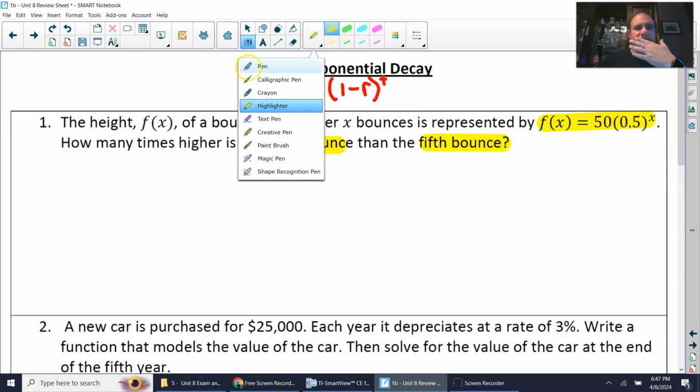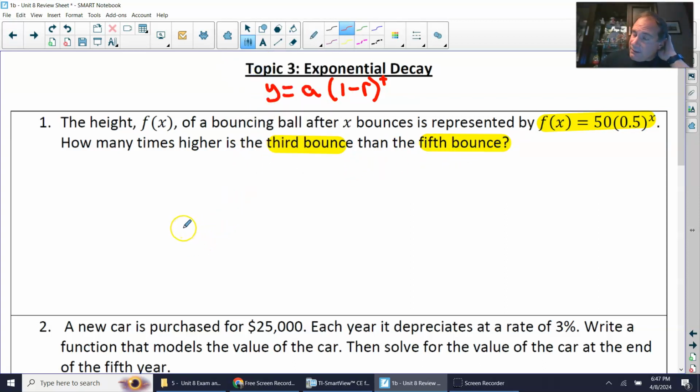You could substitute in and figure this out, or just put it into the calculator, but we'll figure it out by hand first, and then I'll tell you what the calculator says. So if time is 3, we're just going to put 50 times 0.5 to the third power.